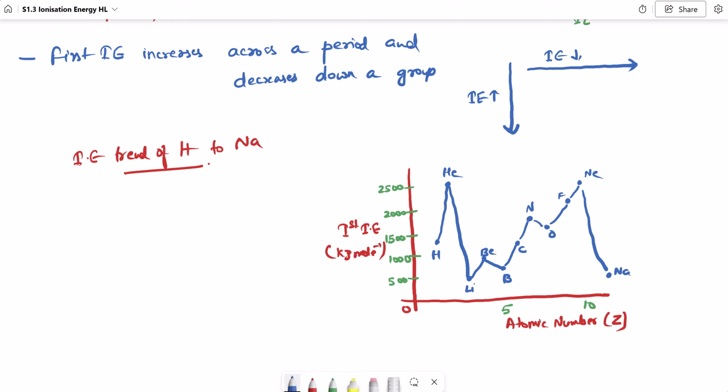And so let's individually discuss ionization energy across a period. Then we'll talk about ionization energy across a group. Fine. So what we have seen is that the ionization energy across a period generally increases due to the following factors.